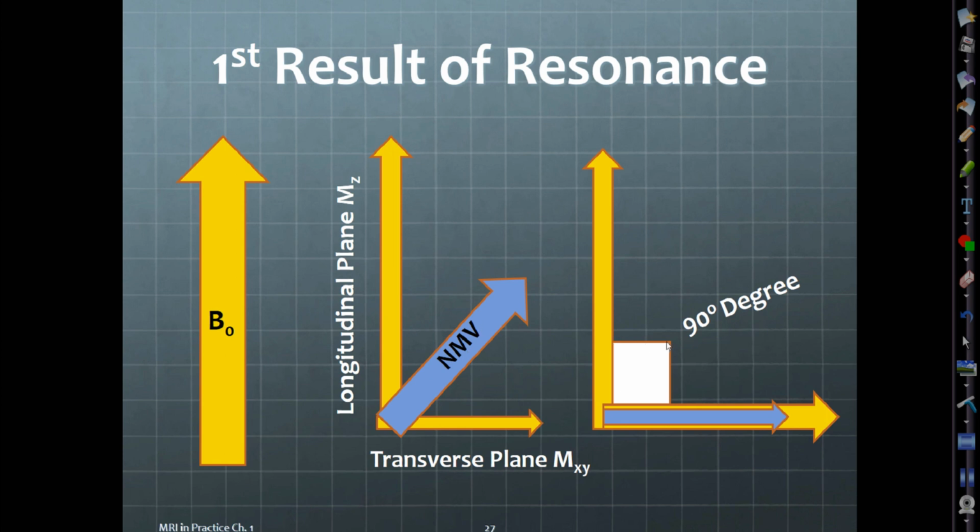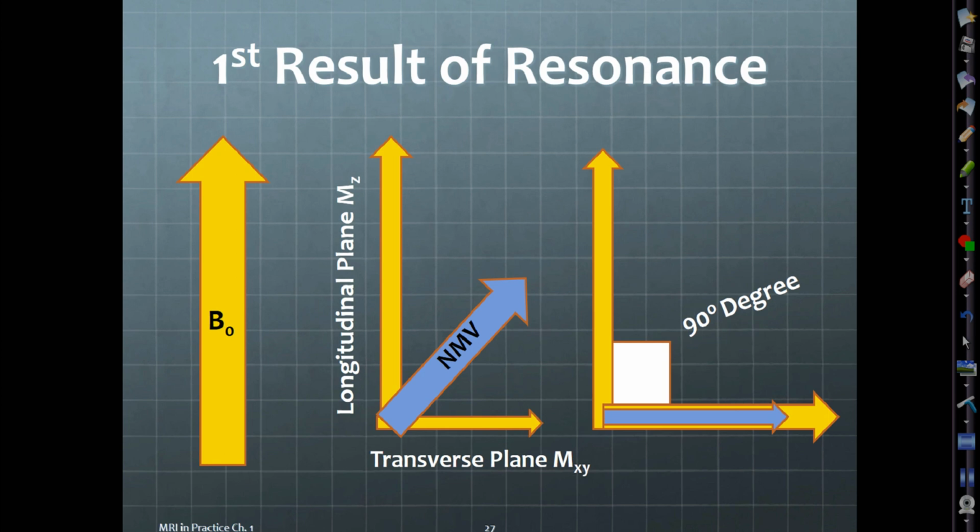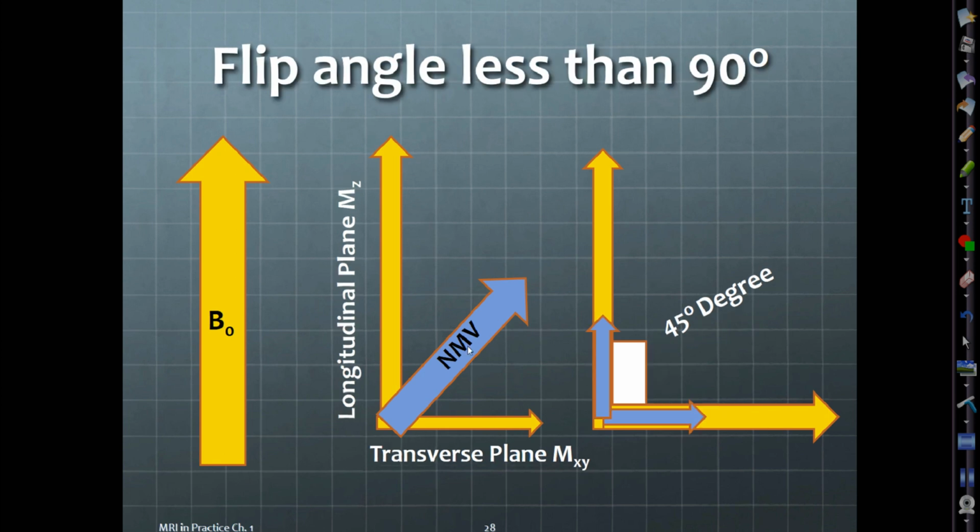Depending on the amplitude and duration, we get a certain flip angle. At 90 degrees, you can see the entire vector flipped into our transverse plane. But imagine if we applied a duration a little bit less, or an amplitude a little bit less than this example, and it only goes 45 degrees.